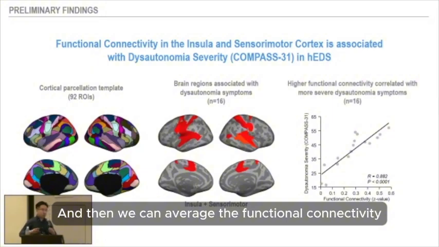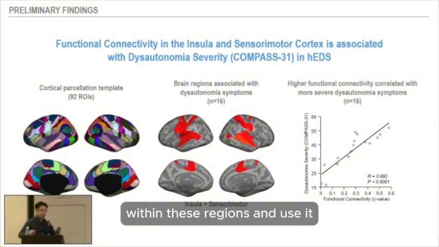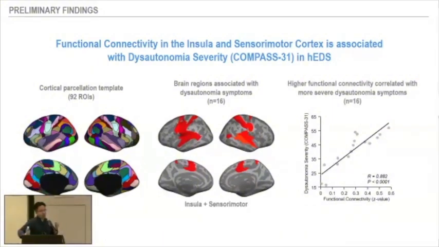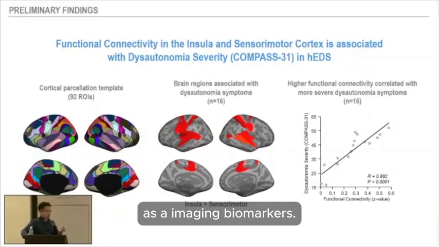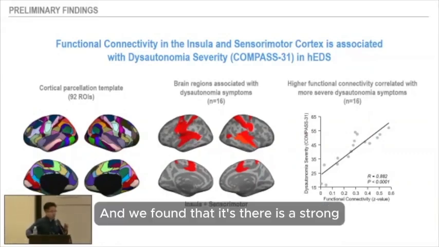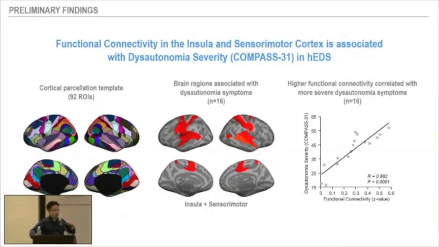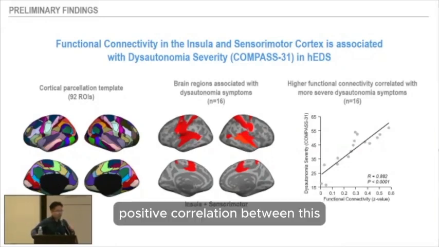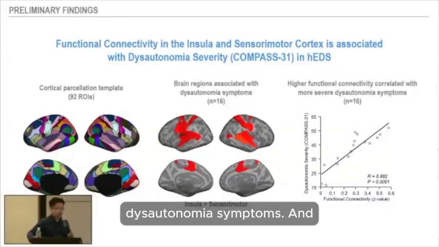And then we average the functional connectivity within these regions and use it as imaging biomarkers. We found that there is a strong positive correlation between these imaging biomarkers and the dysautonomia symptoms.